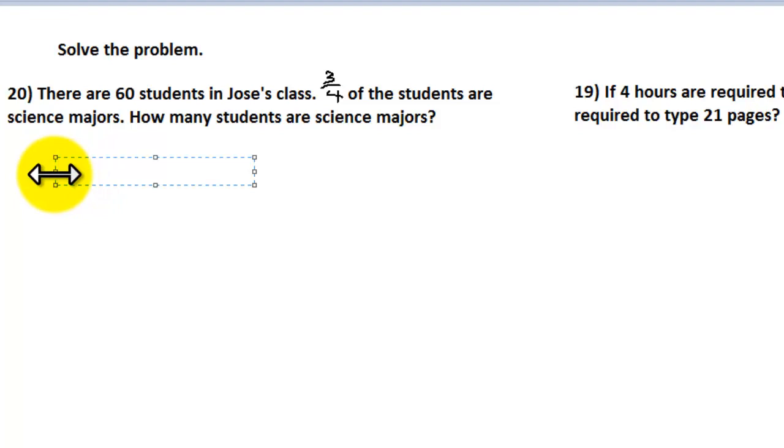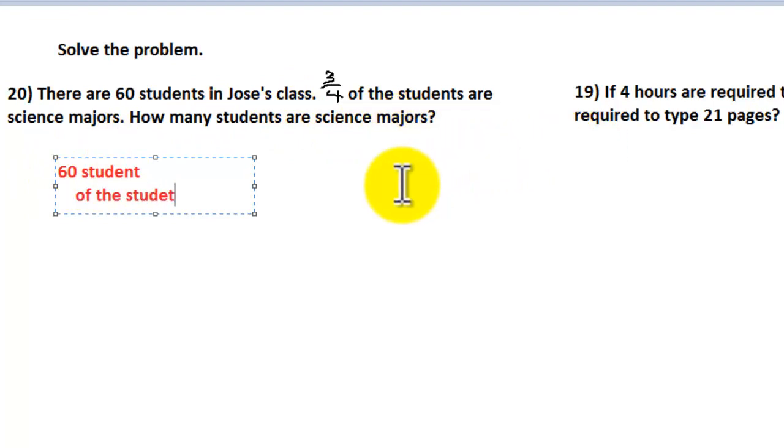We've got 60 students, and 3/4 of the students are science majors, so we're going to want to write that phrase, 3/4 of the students. And then of the students, so really what it is 60 students. We have that number already, so we can kind of plug that in.